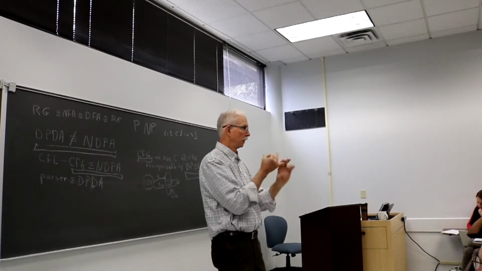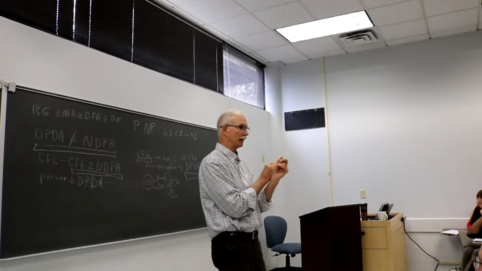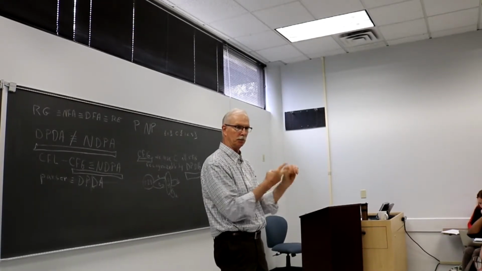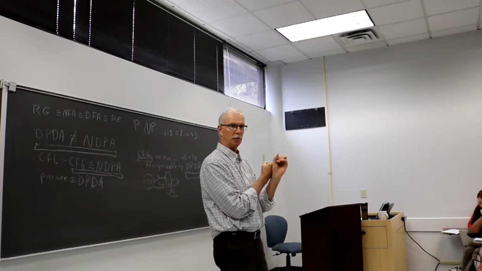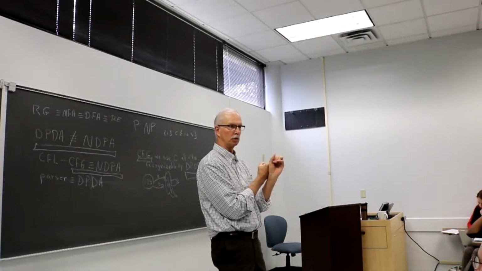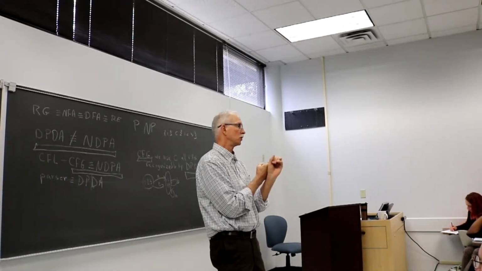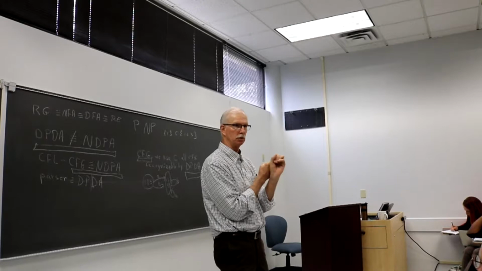Famous problems are the traveling salesman problem, the bin packing problem, the SAT problem, the canonical satisfiability problem. Those are famous NP problems. Actually, NP complete, but that's another issue.